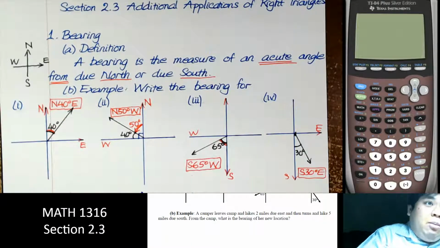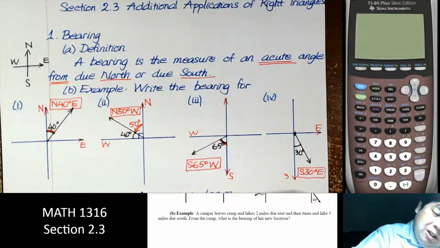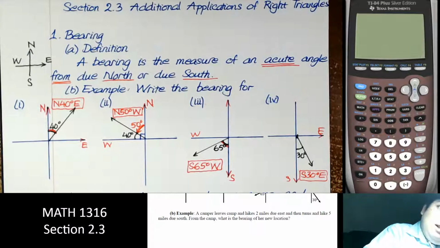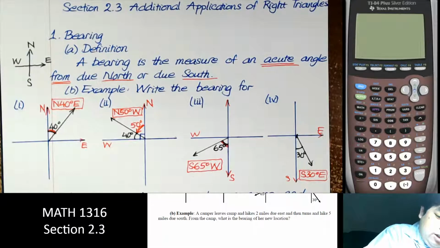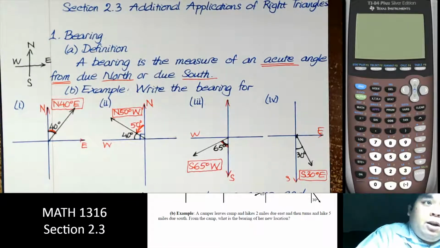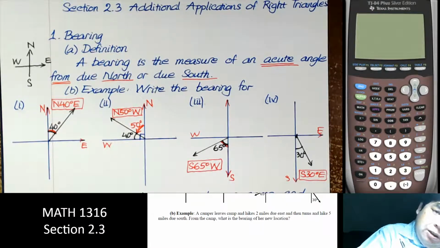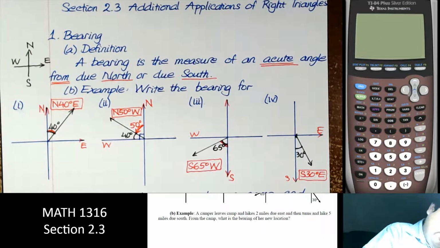So a camper leaves camp and hikes two miles due east. And then turns and hikes 5 miles due south.